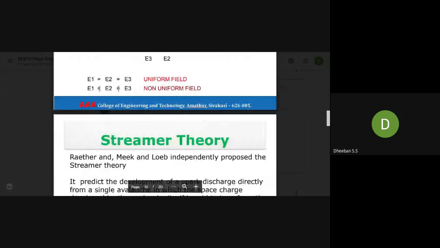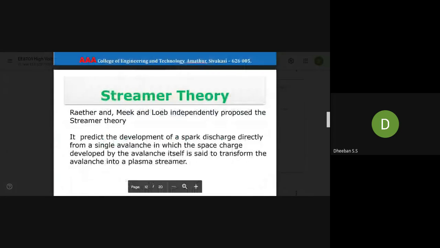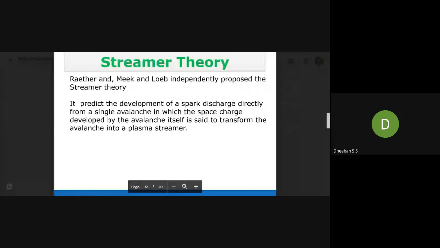So your streamer theory, what does it say? In general, your streamer theory is about the electric field discharging in your non-uniform field. Okay.